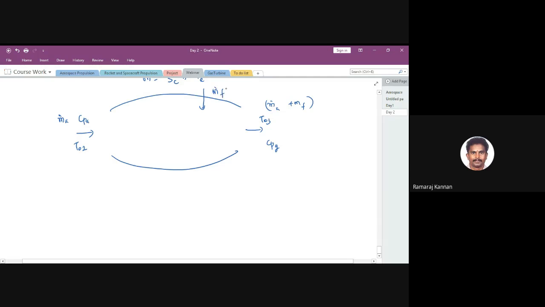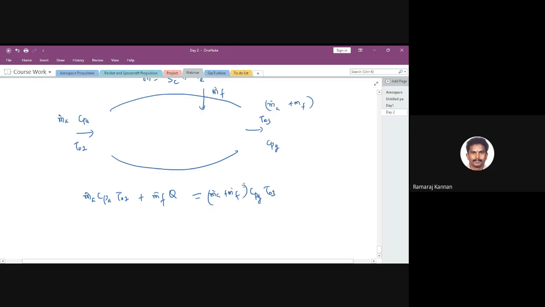Here we are going to spray the fuel. If you do the energy balance analysis: M dot A, CPA, T02 plus M dot F into Q, the calorific value of the fuel, is equal to M dot A plus M dot F, CPG, T03.